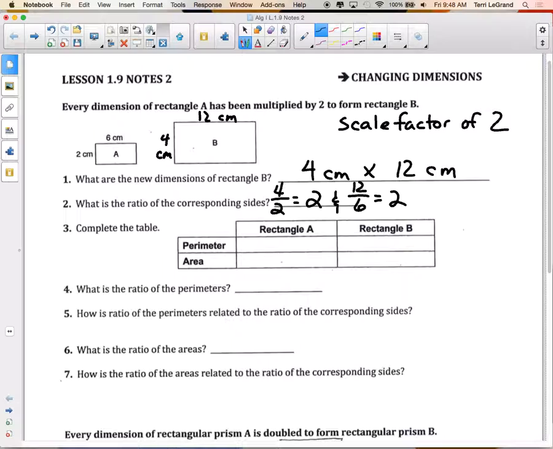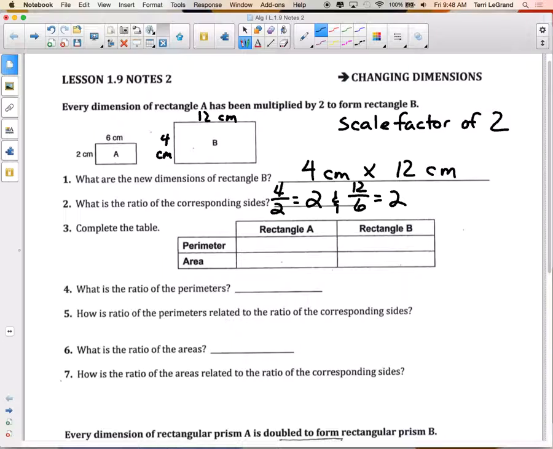So the ratio of corresponding sides is equal, and it is 2. We just got 2. Oh, well, 2 is the same as the scale factor, isn't it?